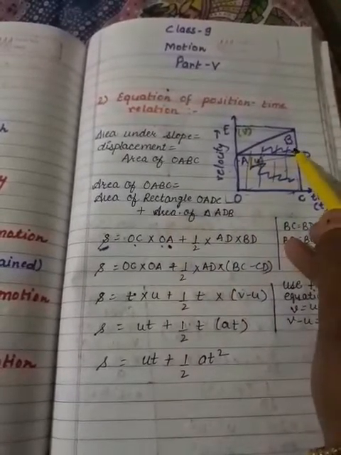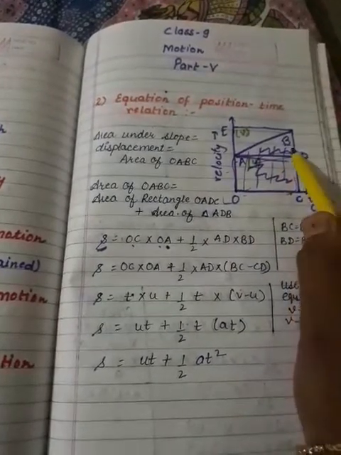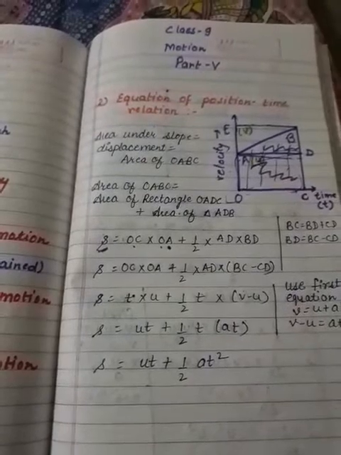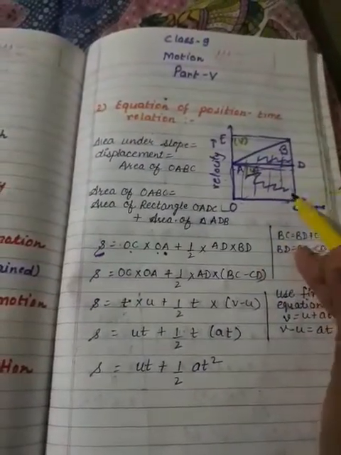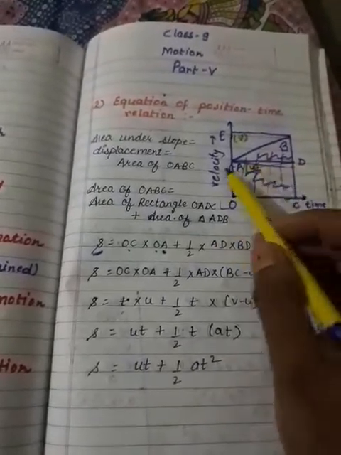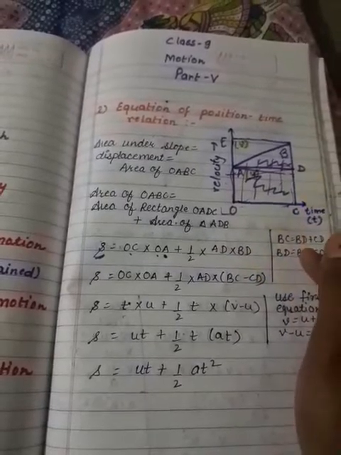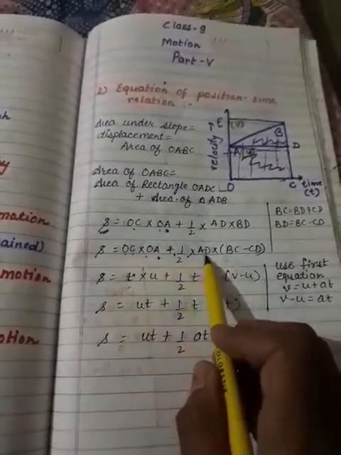As you all know, we have put AD perpendicular on BC, so it is a right angle triangle, and the formula for the area of a right angle triangle is half into base into perpendicular. So AD is its base and perpendicular is BD. So s is equal to OC multiplied by OA plus half AD.